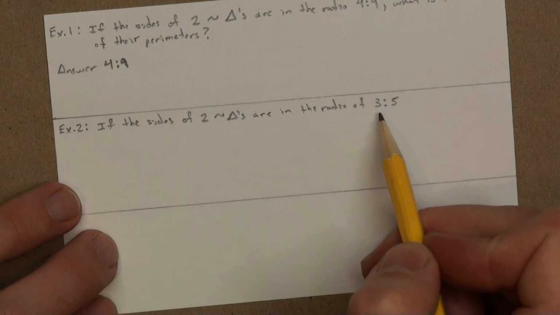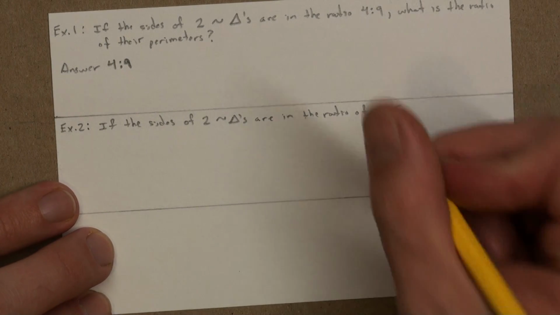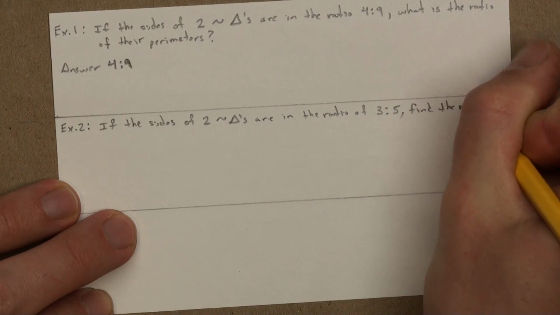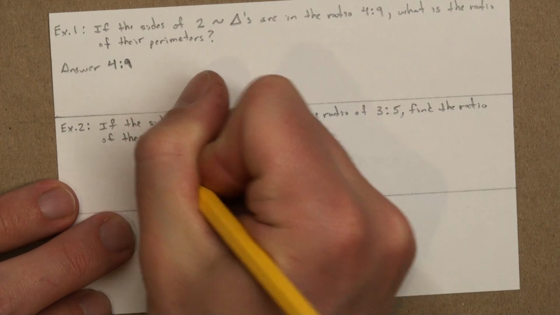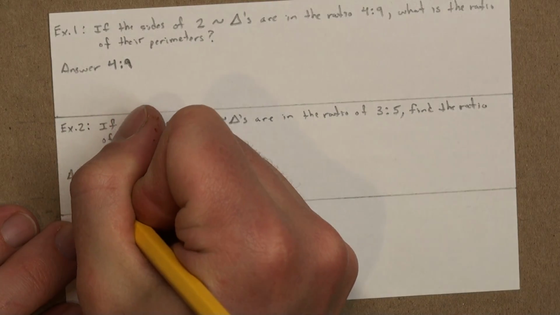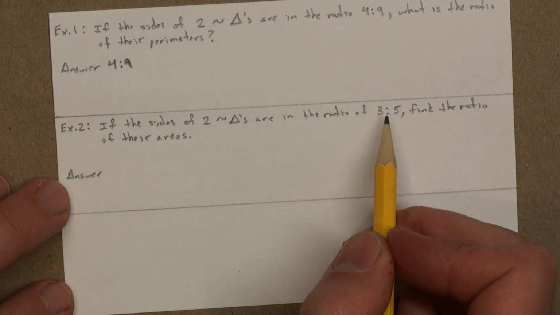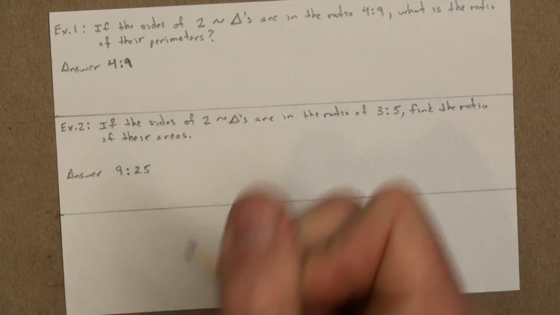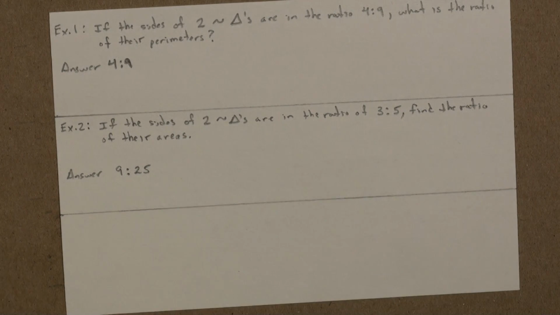It's a ratio, like a proportion. Find the ratio of their areas. And so the answer to this one would be the square. We square these numbers, so 9 to 25.